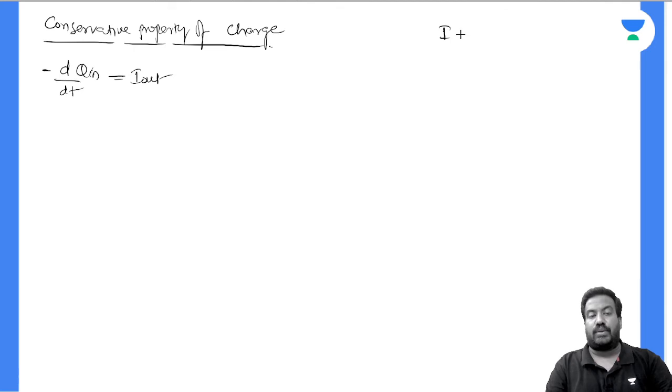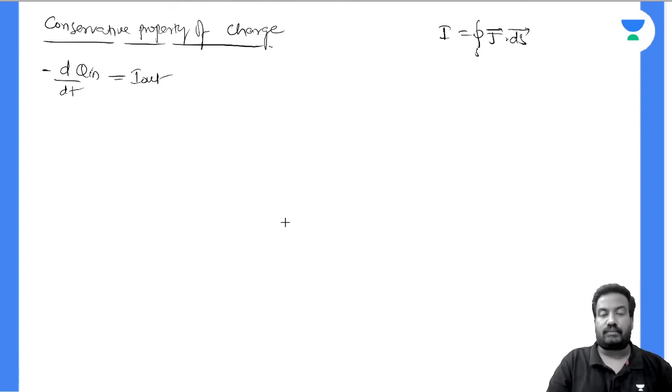Current is related to current density, as we derived in the previous slide. I is equal to the closed surface integral of J dot ds.